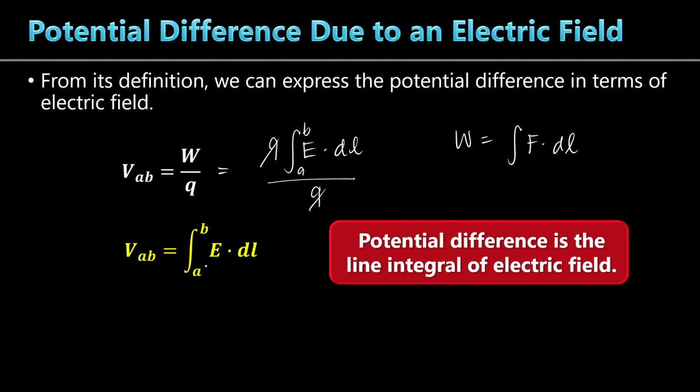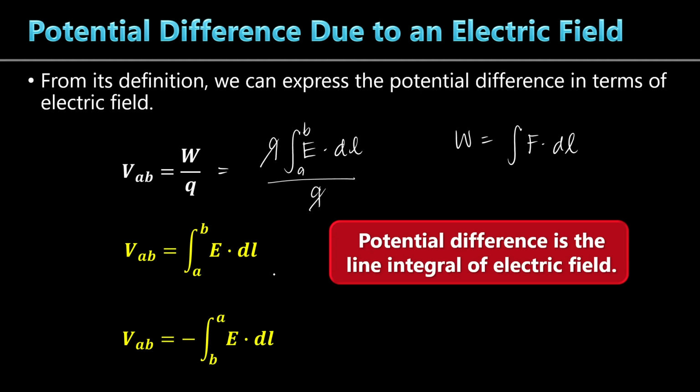What will happen if I will interchange the limits? Diba? Kagaya nung ginawa natin sa work kanina, kapag in-interchange natin yung limits, yung makukuha natin magne-negative lang. Okay, but the numerical value is just the same, no? VAB can also be written as the negative of the line integral of E dot dl from B to A. So, they have the same numerical values, but we can interpret them in two different ways.